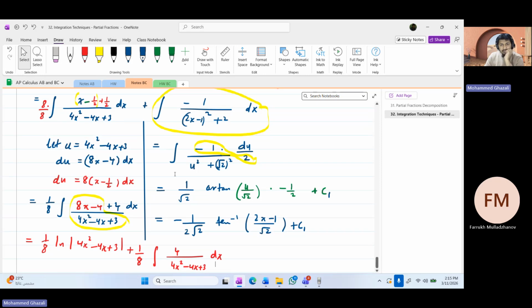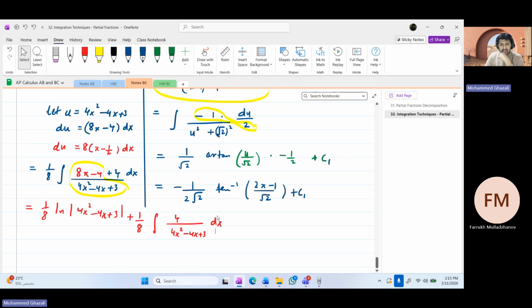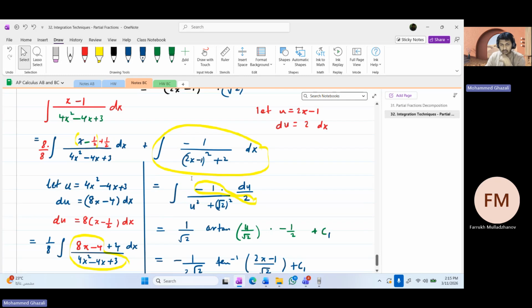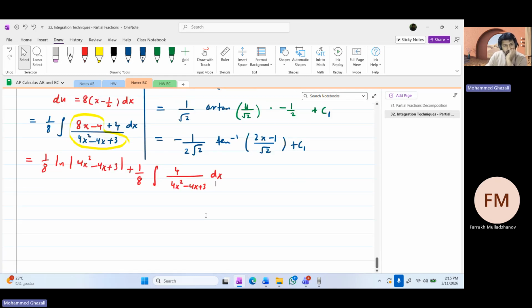Is this entire part over here, because remember, when we had a negative 1 here, we had a 2 there. This entire thing is of this form here. So 1 over 8 times 4 is half on top. This part remains, and on this side we can also write it as 1 over 8 ln 4x squared minus 4x plus 3.